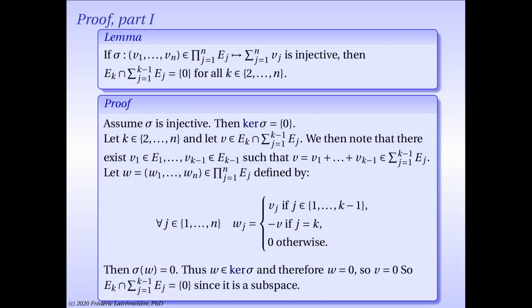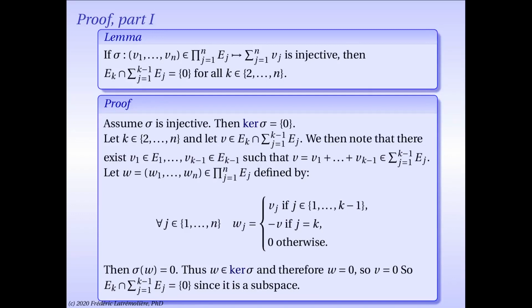And for j between 1 and n, I decide that Wj is Vj if j is between 1 and k minus 1, so one of the terms in the decomposition of V. Wj is minus V if j equals k. Note that V is in Ek, so that's well defined. That's appropriate to make this choice, because V is in Ek, therefore minus V is in Ek, since Ek is a subspace. And 0 for the coordinates past k.